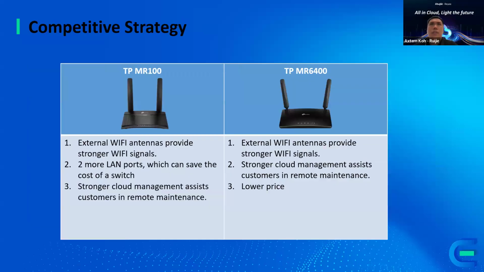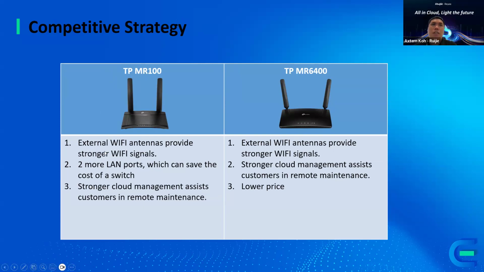So the competitive strategy with the TP brand, especially MR100 and MR6400. If the customer asks you, what is the advantage of Ruijie compared with TP? This is the point you can highlight to the customer.